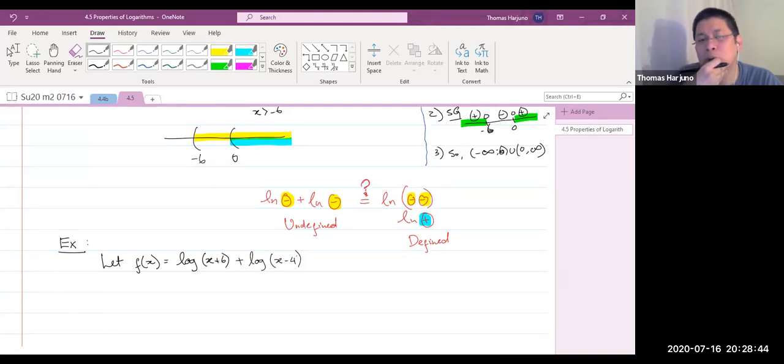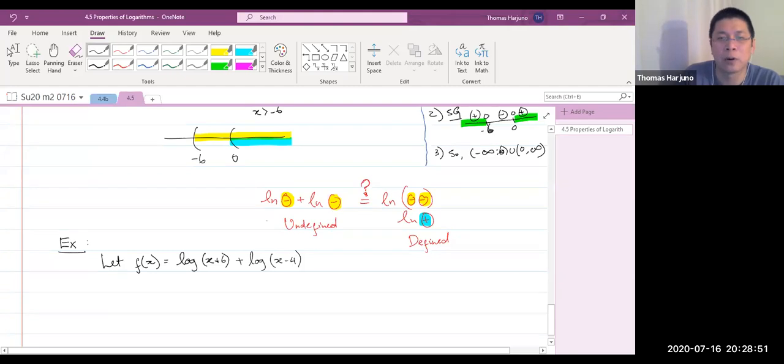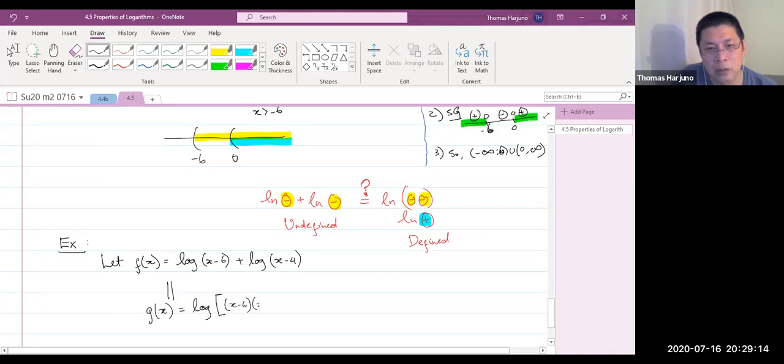Now when you argue that this is equals to gx, which is log of x minus 6, x minus 4, you need to be aware that this is only true if x minus 6 is greater than 0 and x minus 4 is greater than 0.